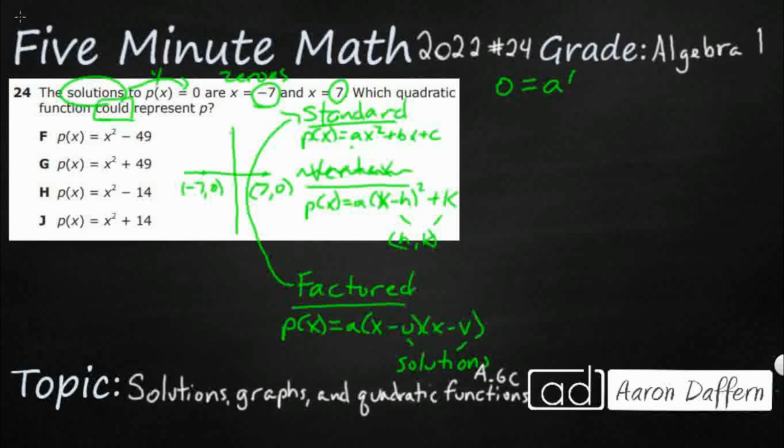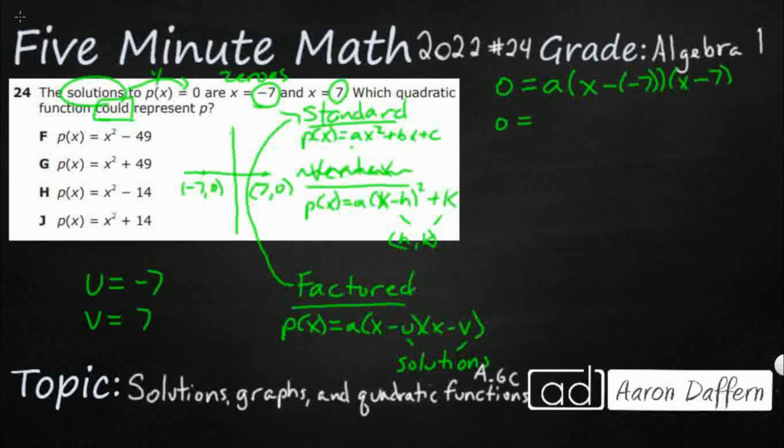But we can figure out everything else. x minus u is going to be one of my solutions, so we'll say u equals negative 7. So x minus negative 7, that's going to end up being a positive 7. And then x minus v, so let's just say v is going to be my 7. Doesn't matter if we flip those or not.